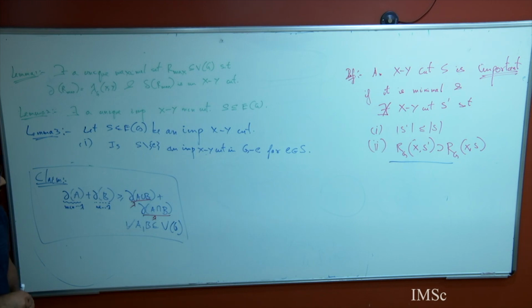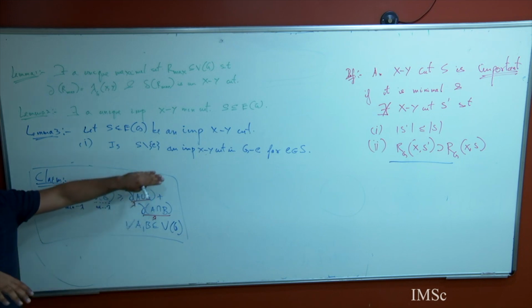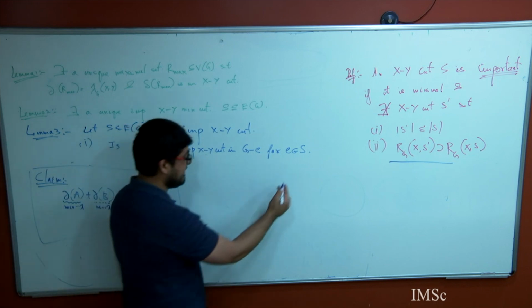All the cuts of smaller size, no cut of smaller size is great, more reachability from calculation. Okay, that's the right idea. Any other thoughts? So your answer is yes to this question, really.